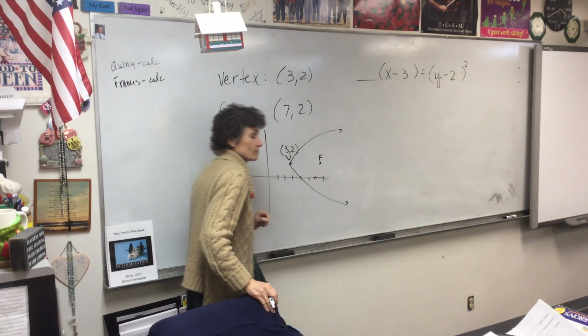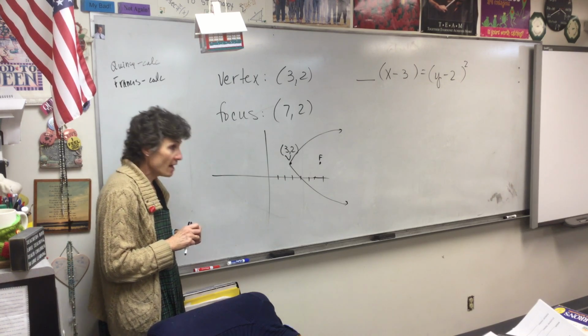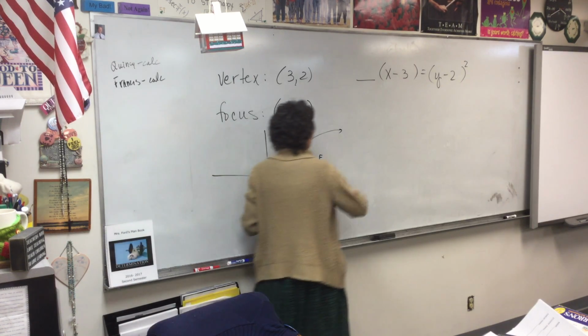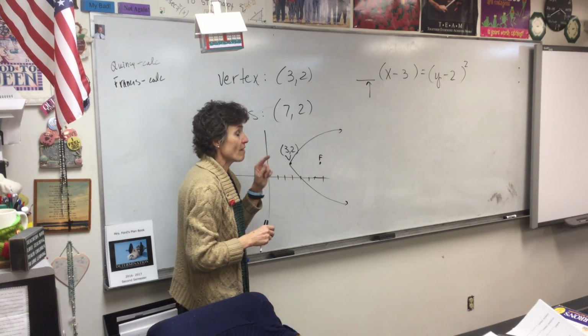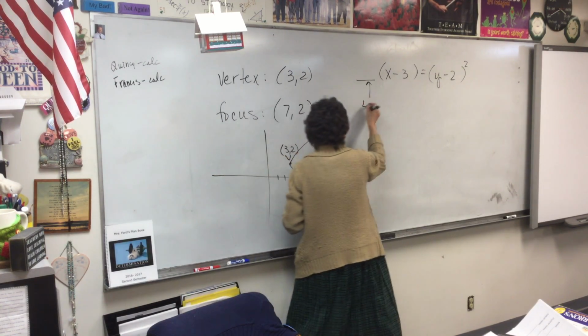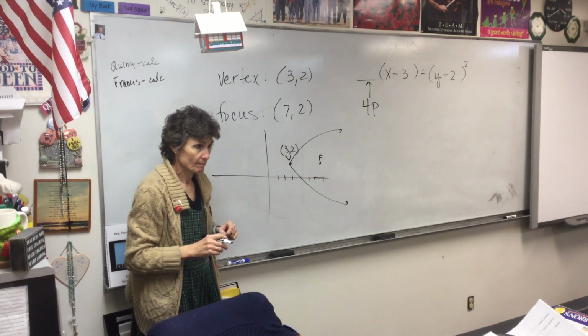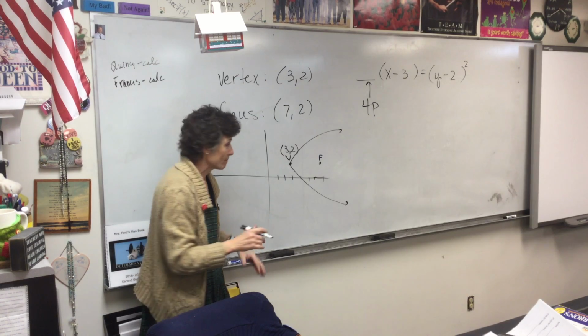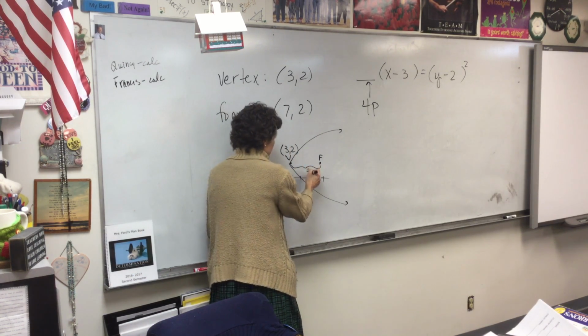So now we are done except for that number right there, right? And we know that number is always 4p. That number is 4p. Always. What's p? 4.